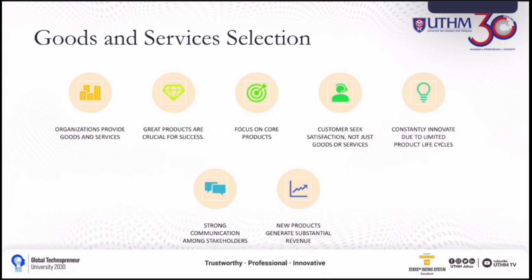This principle should guide decision making and operations across various industries and sectors. So we will look into the first principle of the core aspect, which is that organizations provide goods and services.